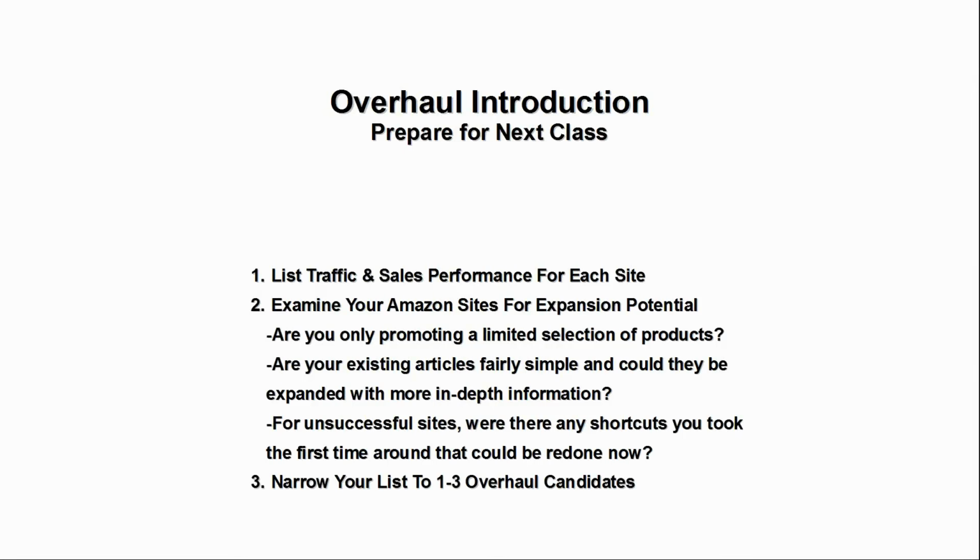These areas of your site, if you took a shortcut the first time around, an overhaul could be a great opportunity to address them and to fix them to ensure that they are not actually the problem.